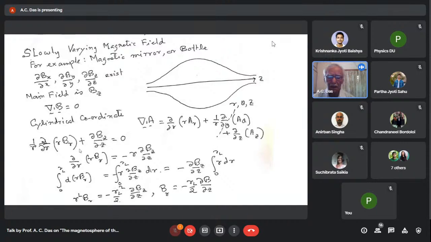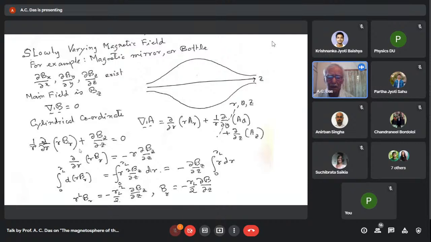So we can write down the equation of motion, the parallel component, dV parallel/dt equals q by c v cross B parallel, and then you get q by c v perpendicular B_r, and q by c v perpendicular B_r is replaced by what we have got earlier, R_L by 2 dB_z/dz, and finally that is equal to minus mu dB/dz.